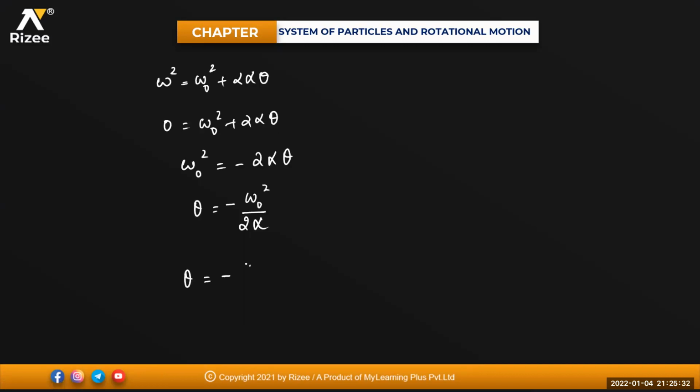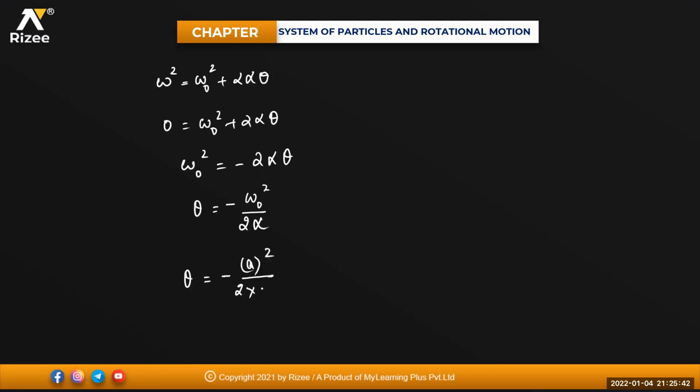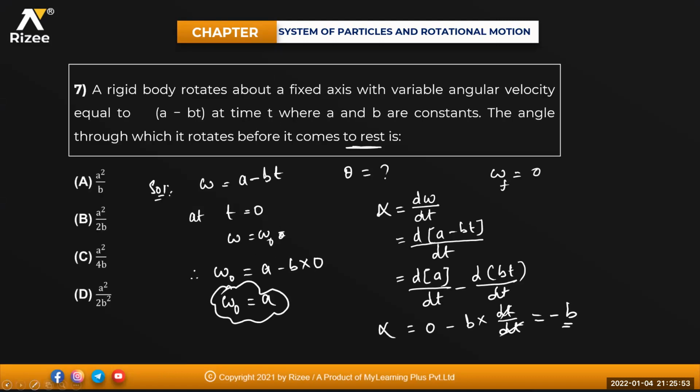So that will be equal to a square divided by 2 into alpha. Alpha value is minus b. This minus is gone. So it is a square divided by 2b. This will be the answer. A square divided by 2b, option B will be the answer. Good question, beta. Can you try it once again? Option B.